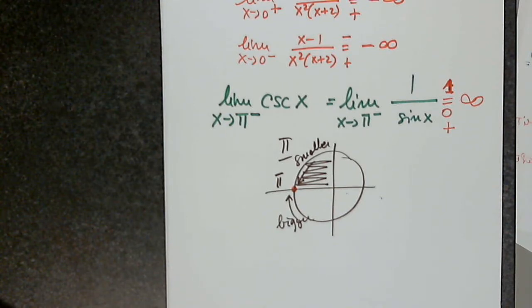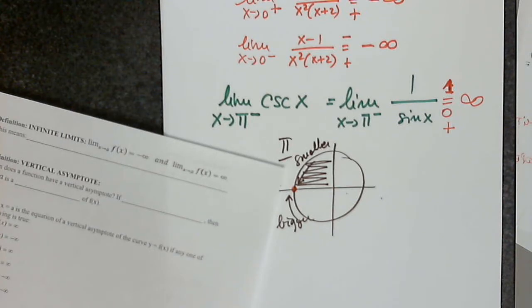So you said, why do I have to determine left and right when we're asked to find the limit from either side? Okay? So I'm jumping ahead just to answer your question.